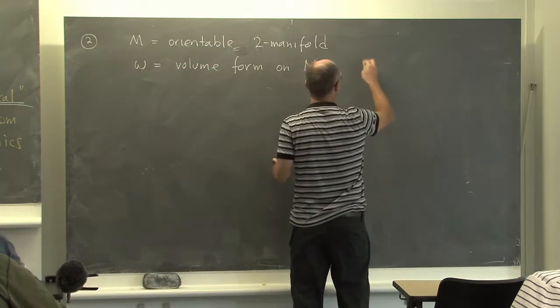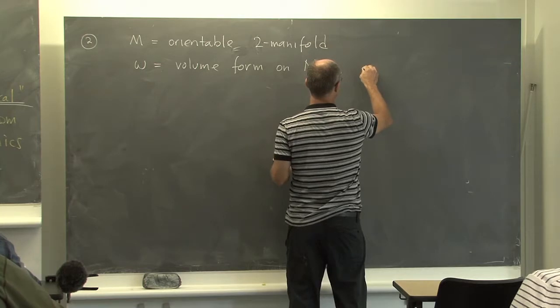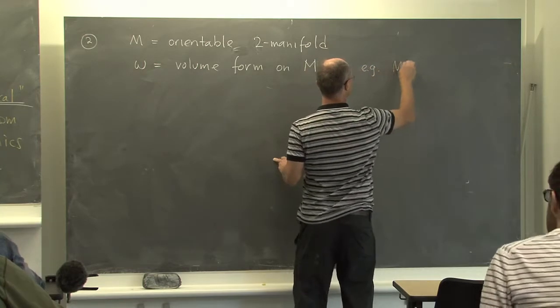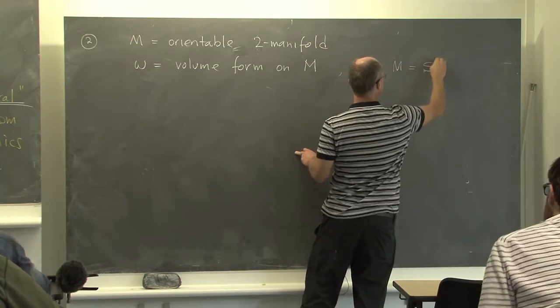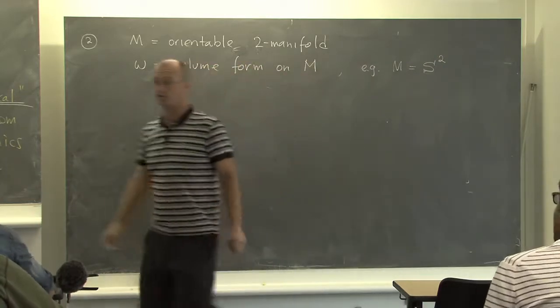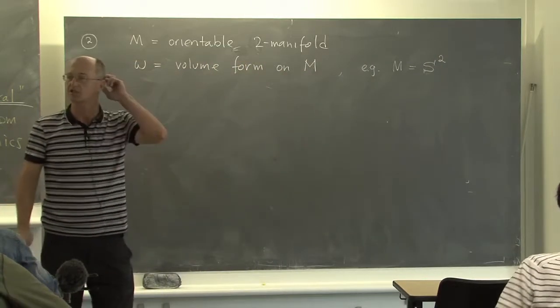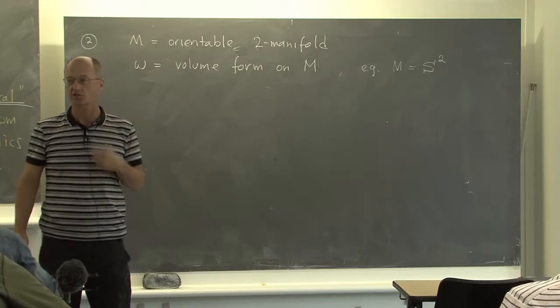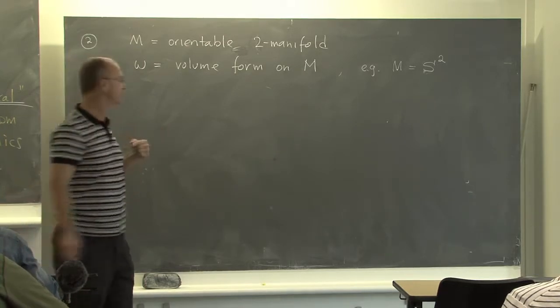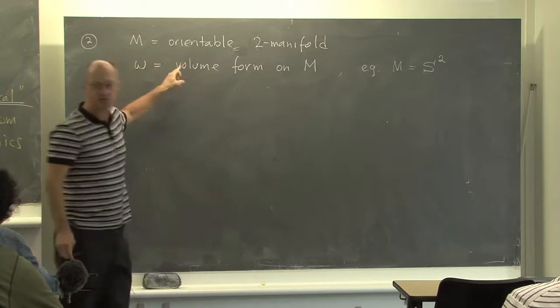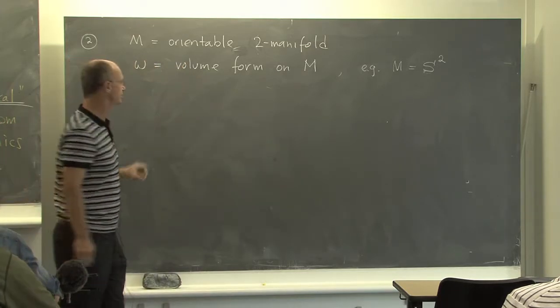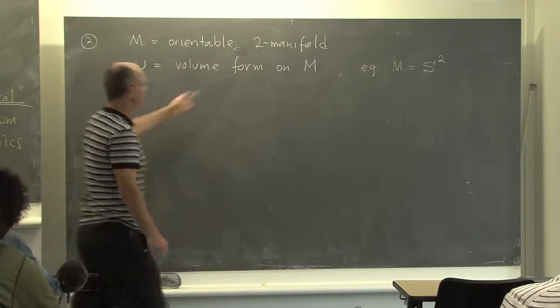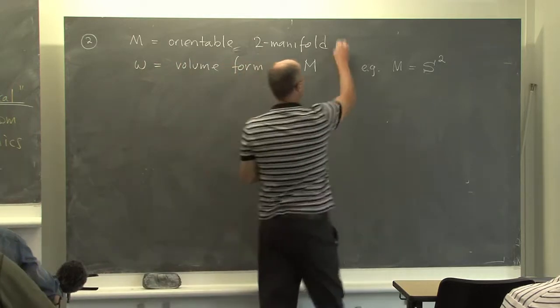Well, an example might be a two-dimensional sphere. We already discussed that spheres of other dimensions cannot be symplectic, but a two-dimensional sphere can, and must be symplectic because of this consideration. Now, let me just say why two-manifolds.